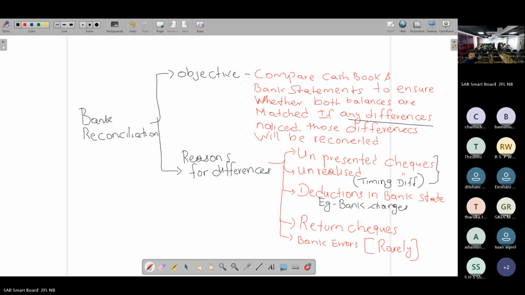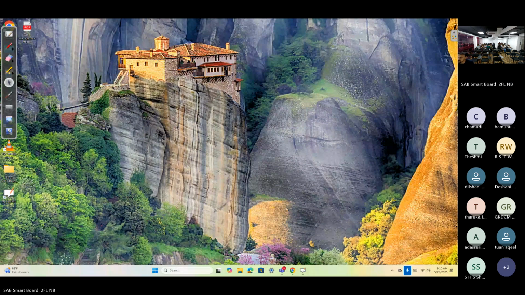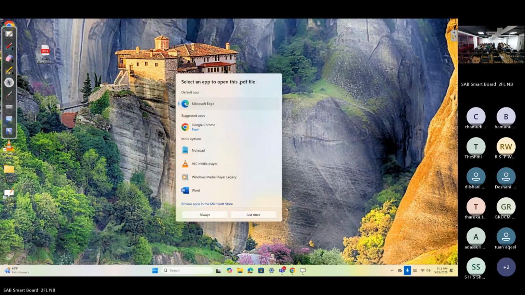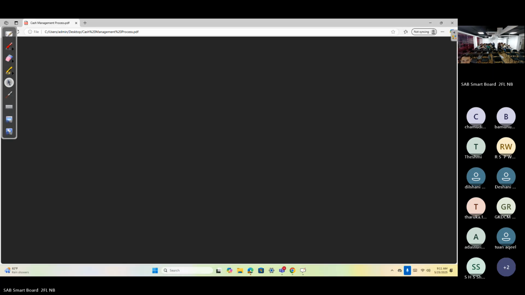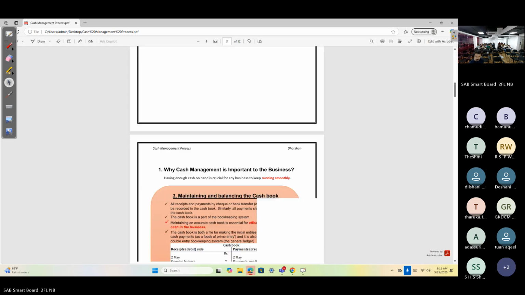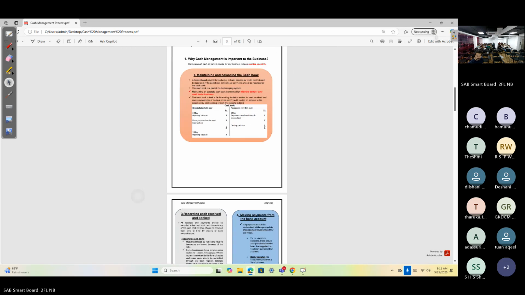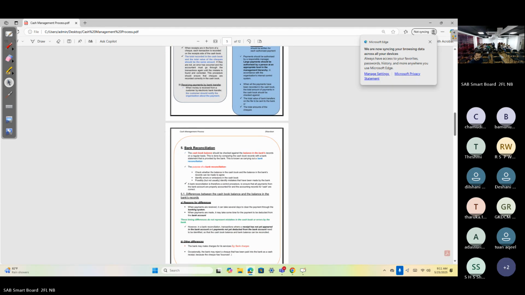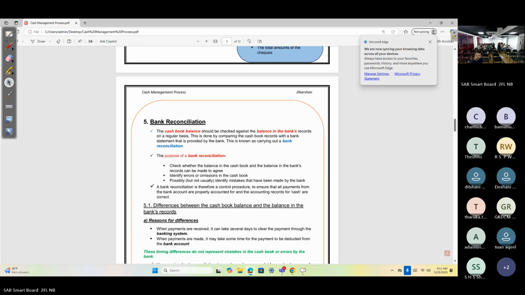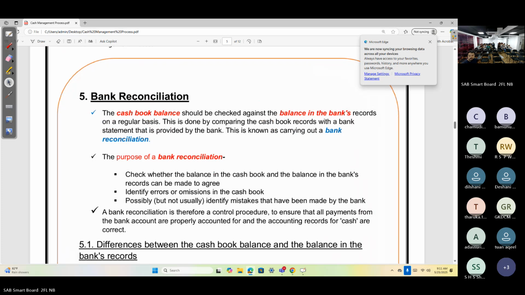Bank reconciliation. The cash book balance should be checked against the bank balance.